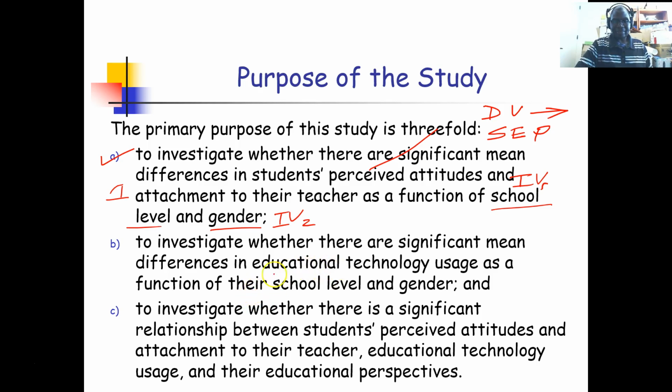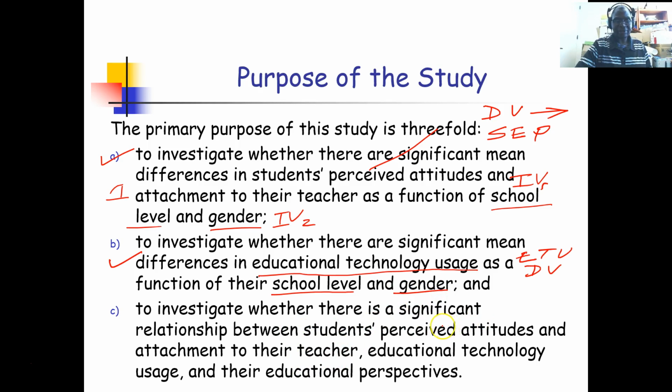The second purpose here uses educational technology usage as the dependent variable, and then we maintain the two independent variables, school level and gender.